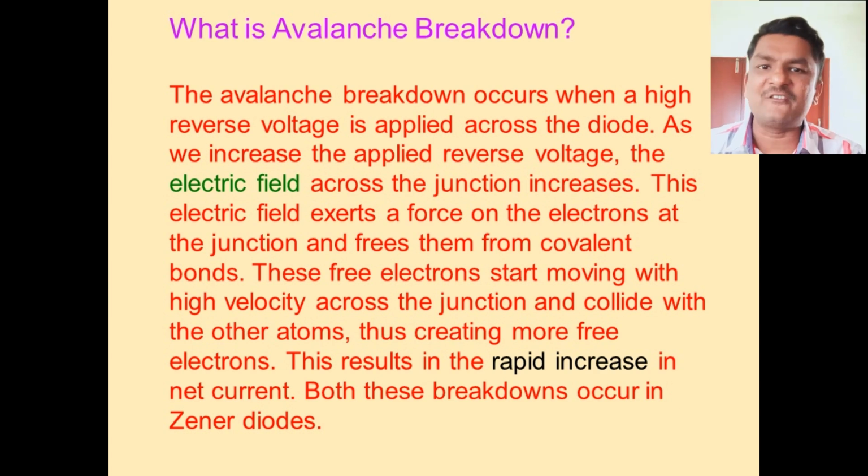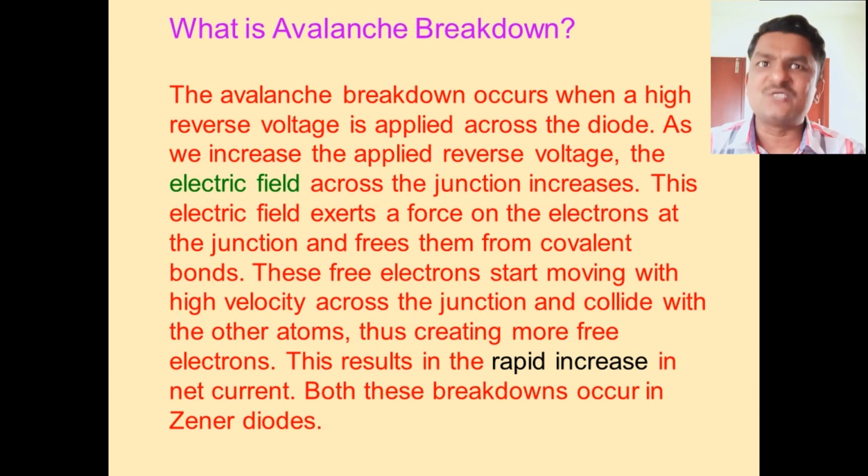This electric field exerts some force on the electrons at the junction, and this force frees them from the covalent bonds. These free electrons start moving with high velocities across the junction and collide with the atoms.